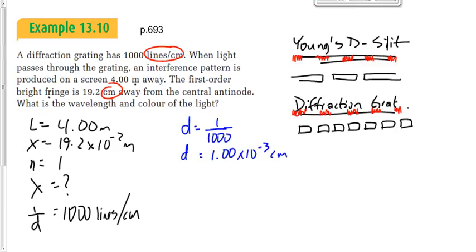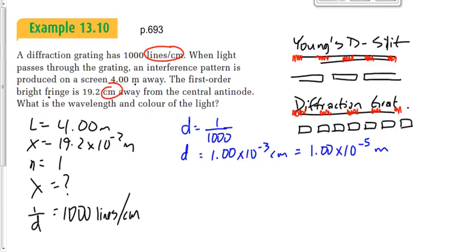If I have lines per centimeter and that corresponds to 1 over d, then flip it over to get the value of d. Instead of being 1,000, it's 0.001 or 1.00 times 10 to the minus 3. Now I want that in meters, so I'm going to convert that to meters now. I get 1.00 times 10 to the minus 5 meters.